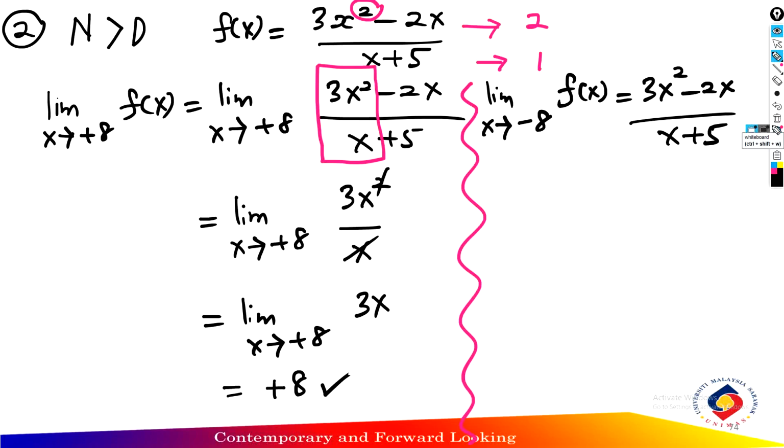Okay, and then second, find the limit at negative infinity. Here you compare the leading coefficients, the highest power of the numerator and of the denominator.